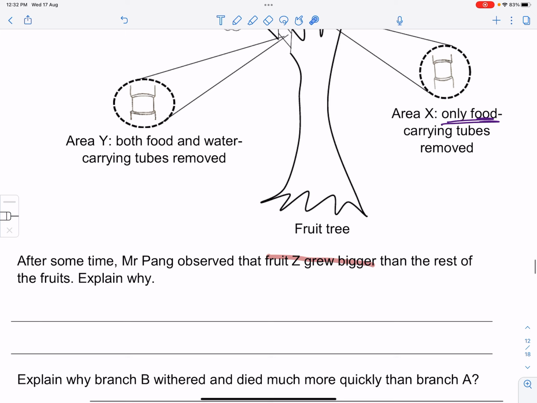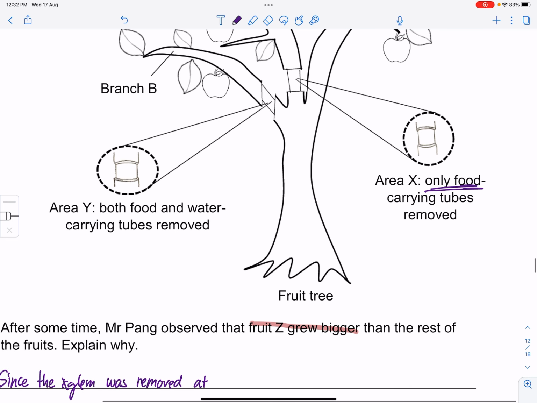The first thing you have to tell me is what was being removed or cut, and at which point. So you have to tell me, since the phloem was removed at area X. Many of you did not tell me which area.